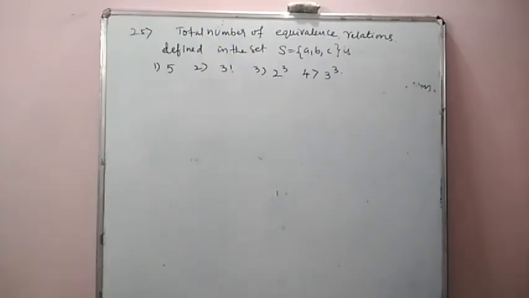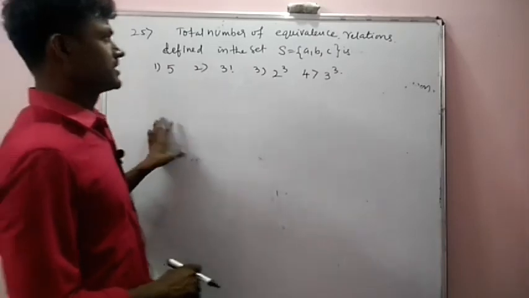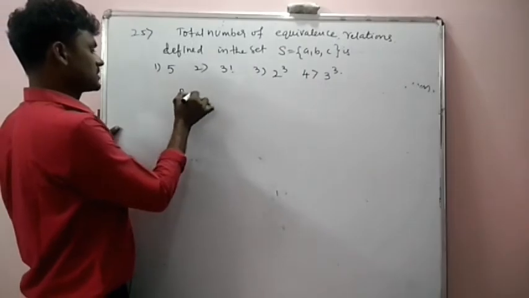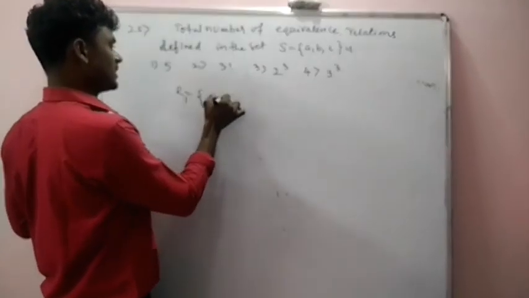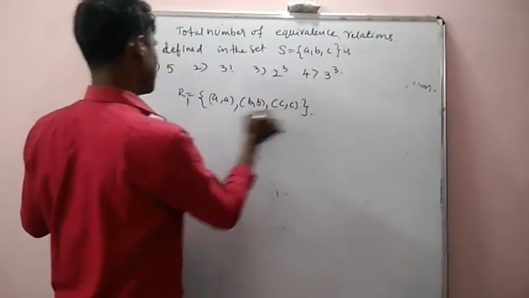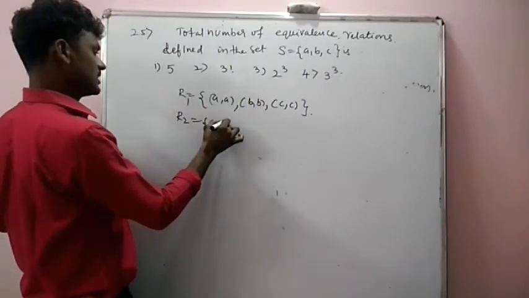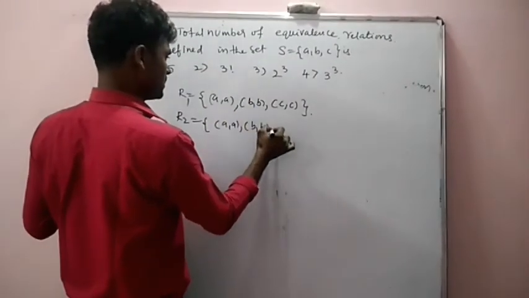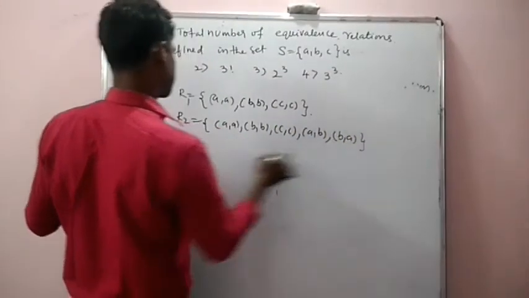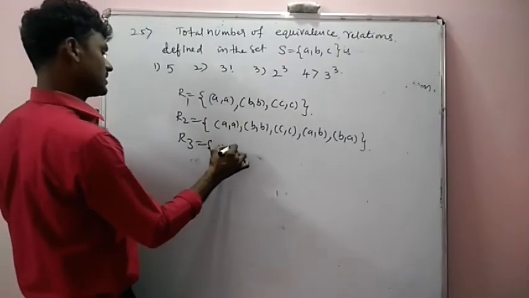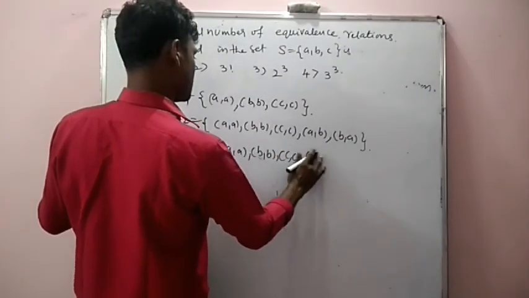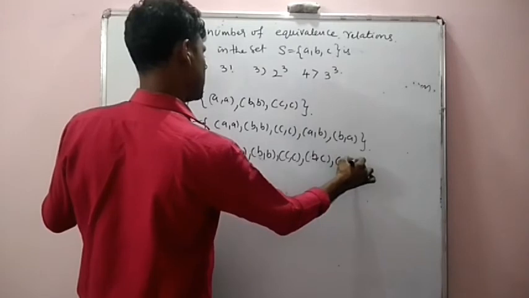Next question: the total number of equivalence relations defined on the set S equal to A, B, C. First relation R1: the relation with AA, BB and CC. Next relation: AA, BB, CC and AB, BA. This is one relation. Next R3: AA, BB, CC, and BC, CB. This is one relation.